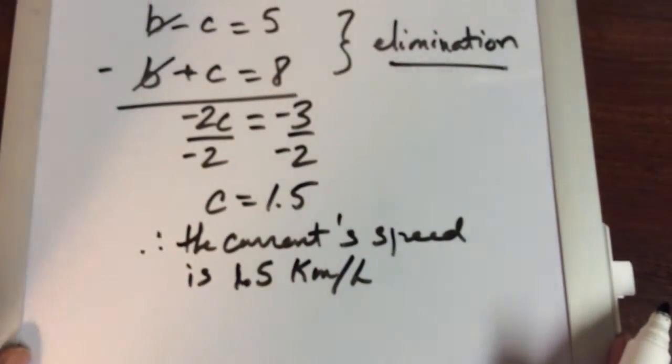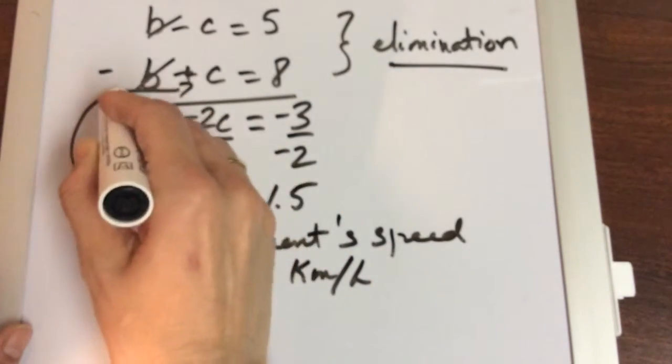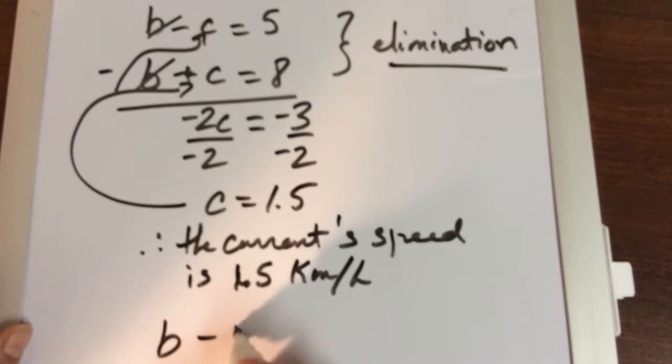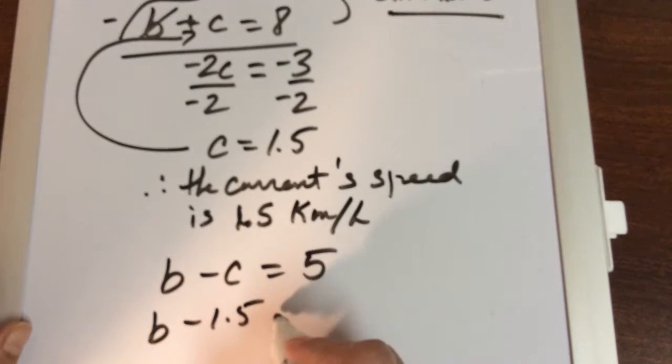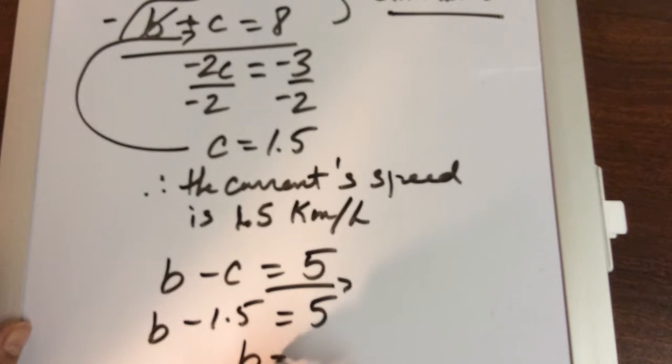And if I wanted to find out what the speed of the canoe was, I can take this C and plug it into here or into here. And if I did that, I've got B minus C is equal to 5, B minus 1.5 equals 5, and we've got negative 1.5, bring it over here, and you've got B is equal to 6.5.